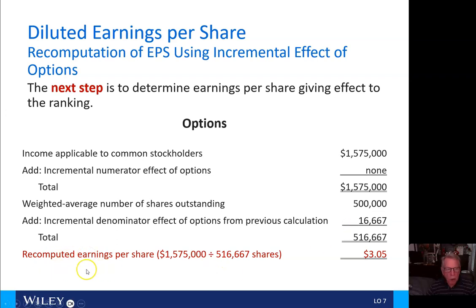And we are going to then recompute earnings per share, taking that 1,575,000 divided by 516,667, and that gives me $3.05 recomputed earnings per share.